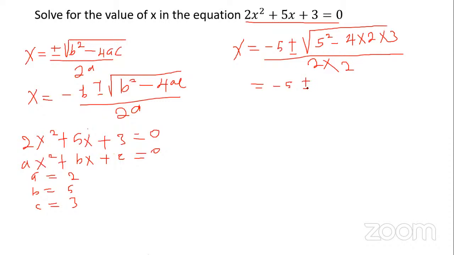What is 5 squared? 25. What is 4 times 2? That is 8. Times 3? 8 times 3 is 24.